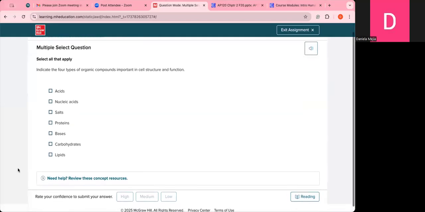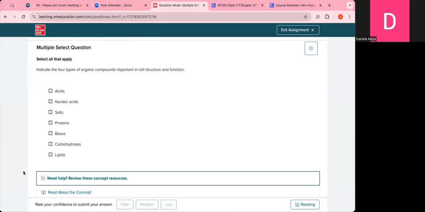Indicate the four, so this time we're choosing four, types of organic compounds important in cell structure and function. Acids, nucleic acids, salts, proteins, bases, carbohydrates, and lipids. We need four of those that are important in cell structure and function.